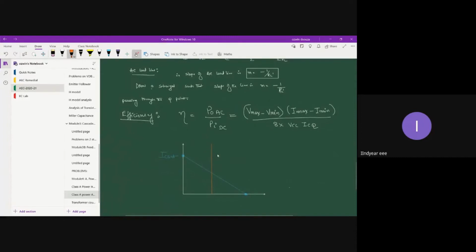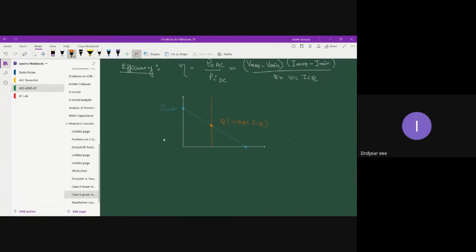Ideally it is infinity. The coinciding point gives the Q point of operation, which is VCEQ, ICQ.